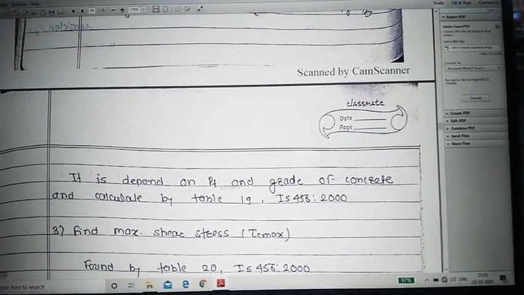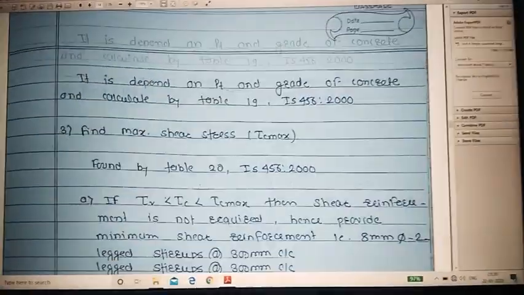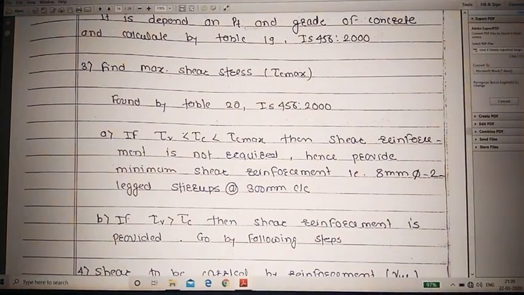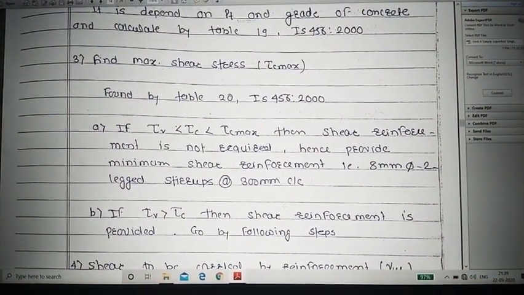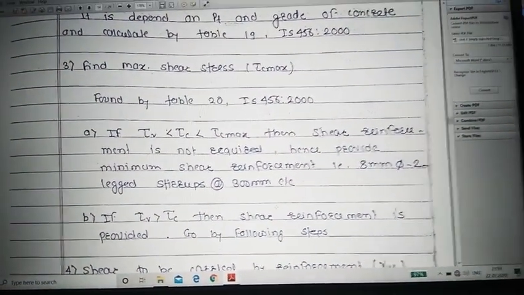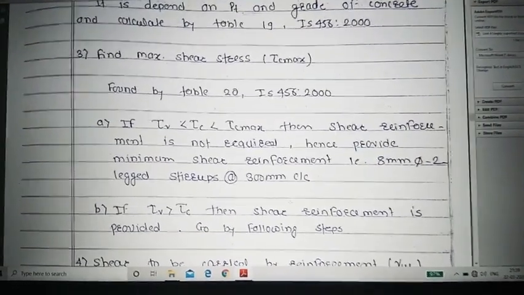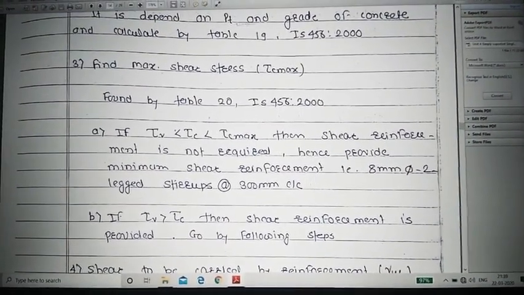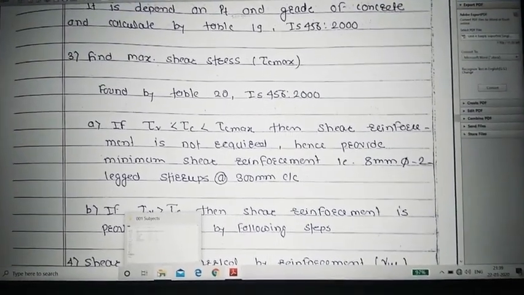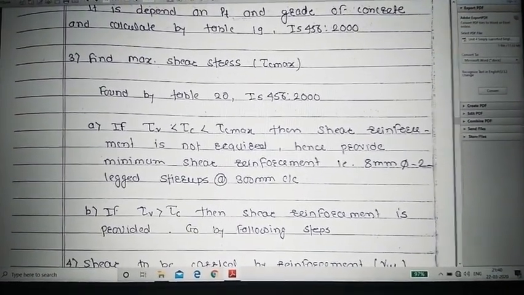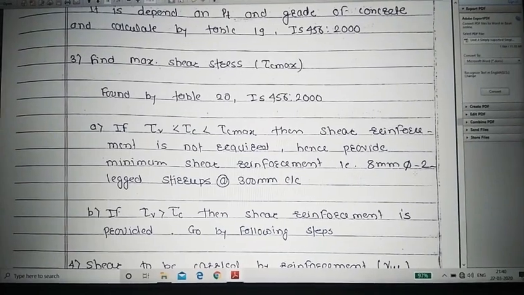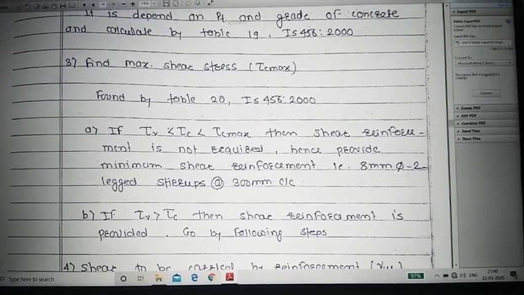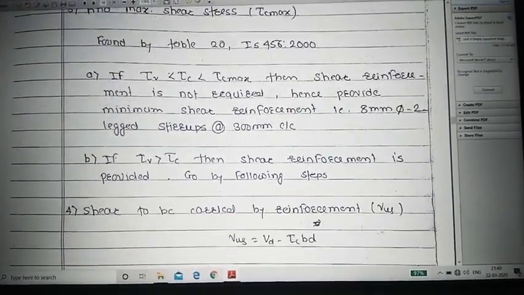In comparison, if tau v is less than tau c is less than tau c max, then shear reinforcement is not required. Basically tau v and tau c are important. If your tau v is less than tau c, then shear reinforcement is not required, but provide the minimum shear reinforcement, that is 8 mm phi 2 leg stirrups at 300 mm center to center.